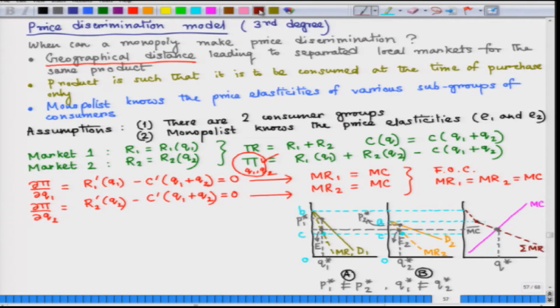Okay. So, now let us start with the first order condition. Here we take only the first part of the first order condition, MR1 equal to MR2, that is the profit maximizing first order condition for a price discriminating monopolist, right. So, now note that this MR could be expressed as a function of market price and the elasticity of demand. We have derived such an expression earlier, right.